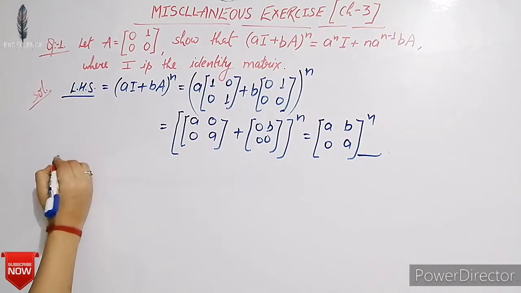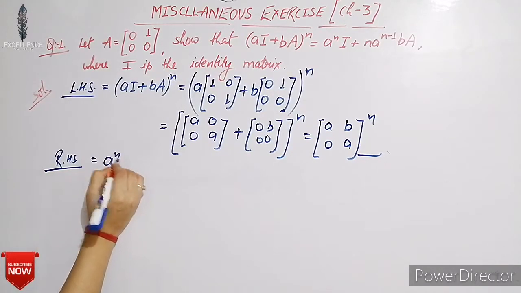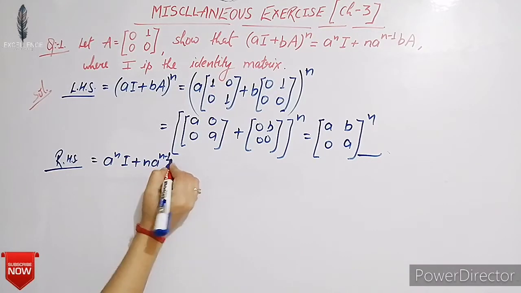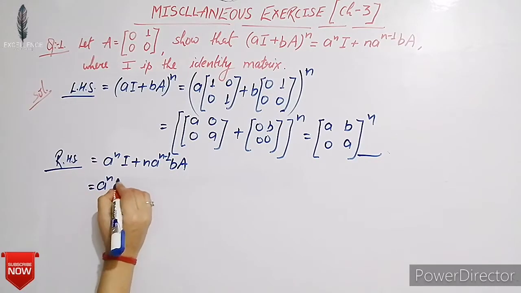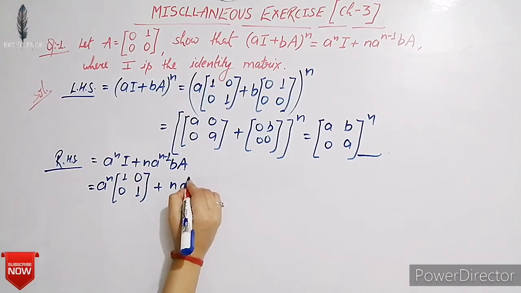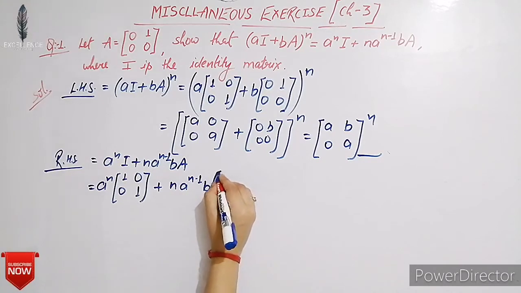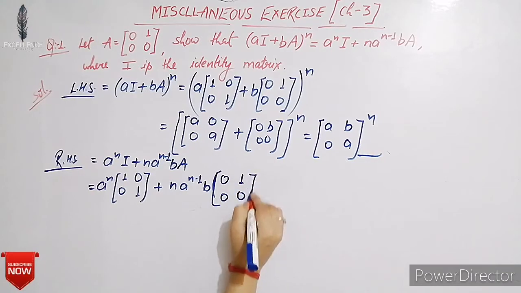Now RHS equals a^n I + n a^(n-1) bA. Put the value of I, that is the identity matrix of order 2, [1 0; 0 1], plus n a^(n-1) b, and put the value of A matrix, that is [0 0; 1 0].